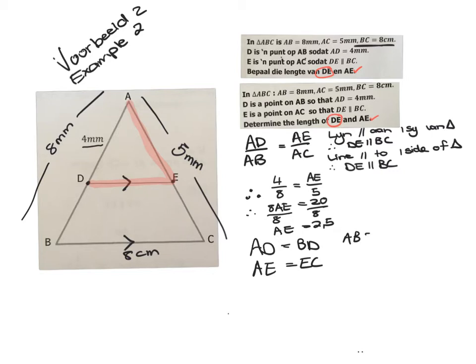AB is equal to 8 millimeters and AD is equal to 4 millimeters. BD also equals 4 millimeters. And I know AE and EC are equal.